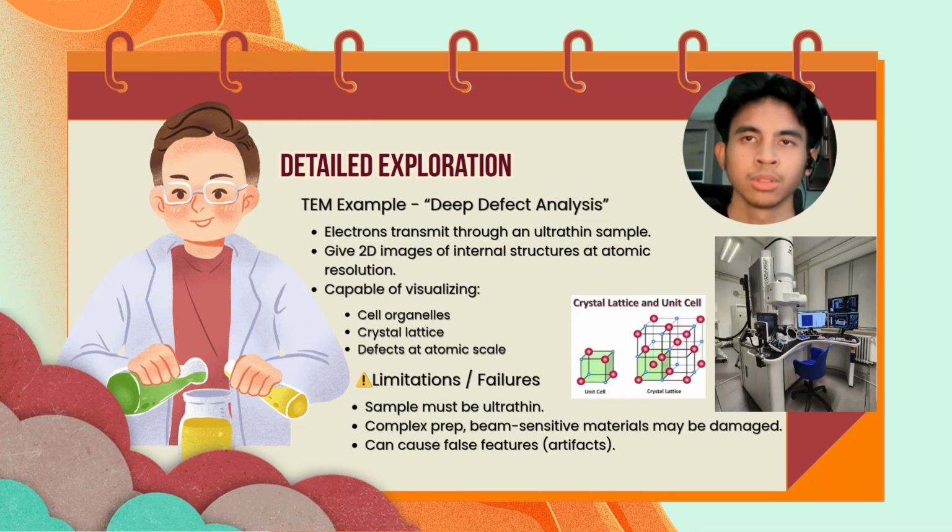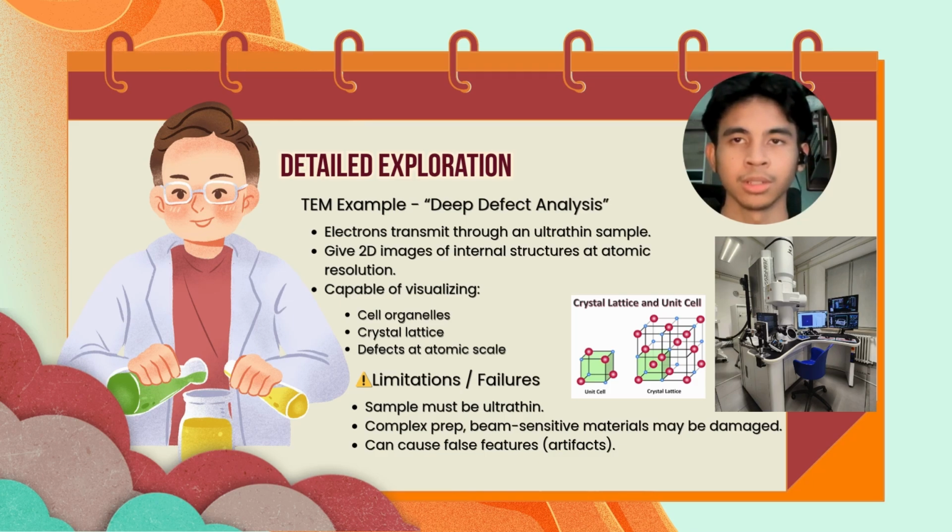So the next one is that I'll be talking about the transmission electron microscope, deep defect analysis. I'll be talking about the functions and limitations again. So the function of the transmission electron microscope is that electrons transmit through an ultra-thin sample.